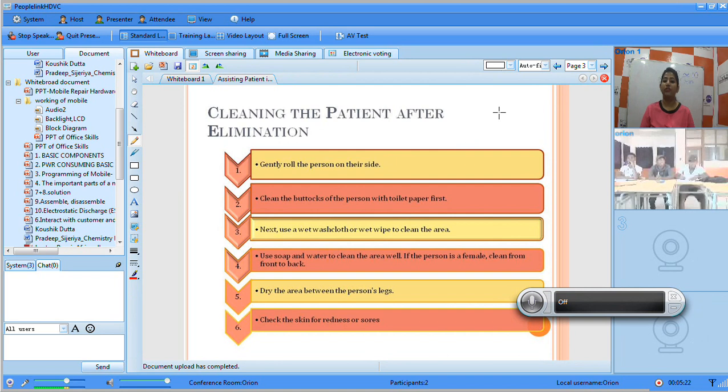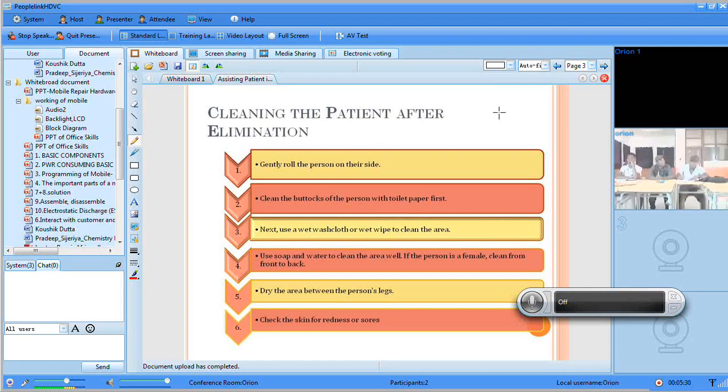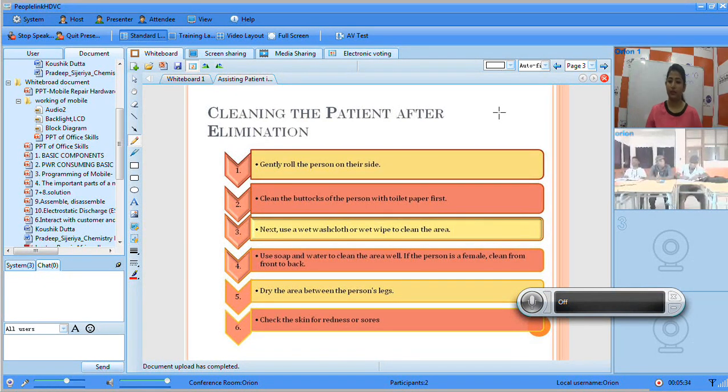Now, we will be moving on to cleaning the patient after elimination. How are we going to clean the patient? Firstly, we need to gently roll the patient to the side. A patient who is just lying down on the bed cannot eliminate any kind of waste products.